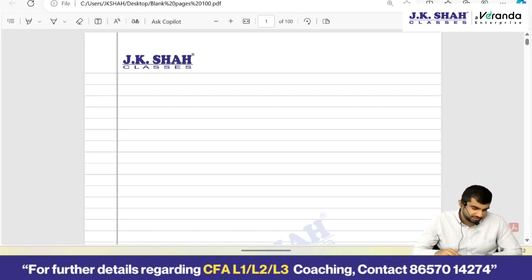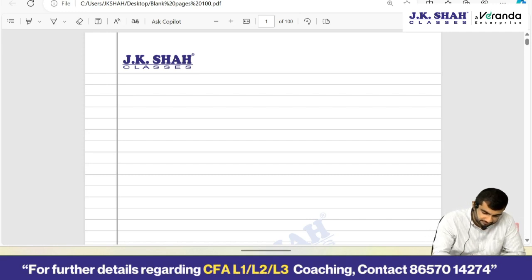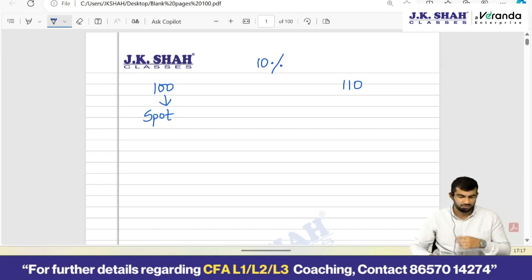What was cash and carry arbitrage? Say for example, spot is 100, and I'm considering a time period of 1 year. Risk-free rate is 10%. In the absence of any storage cost or convenience yield, the no arbitrage forward price should be 110.